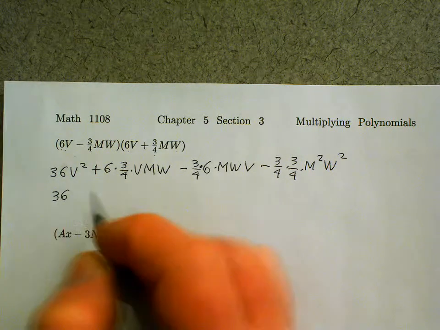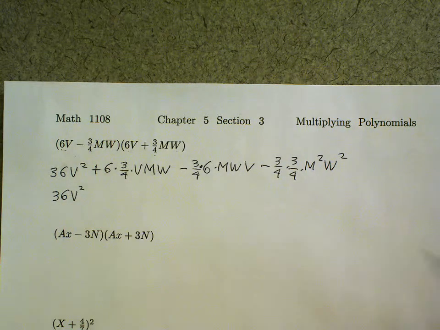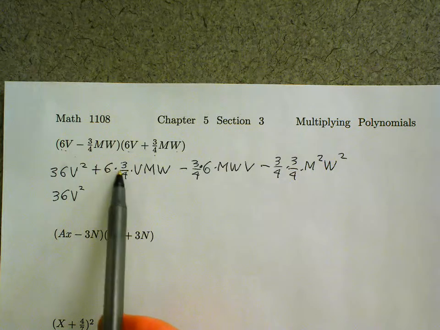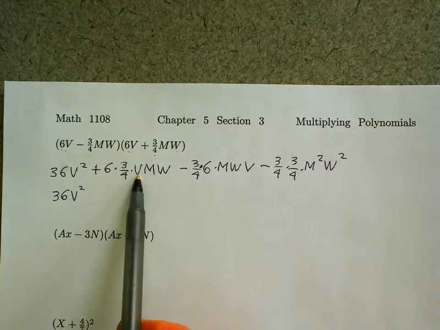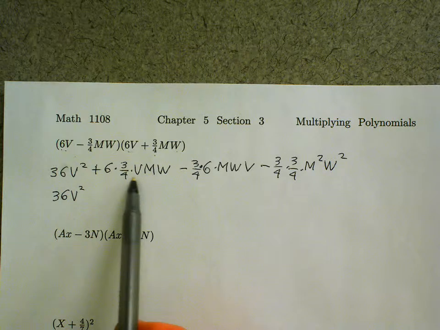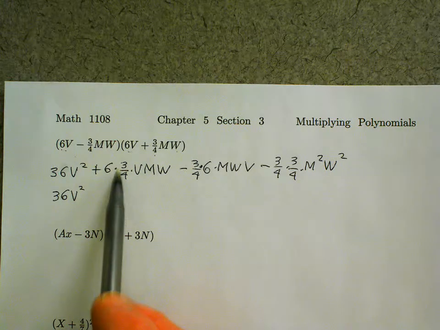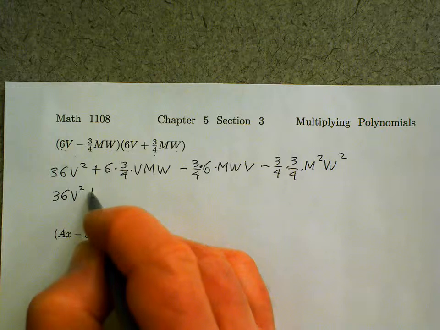Okay, the first term, 36b to the second. Let's go ahead and simplify this. 6 times 3/4 is 18 over 4, or plus 9/2.